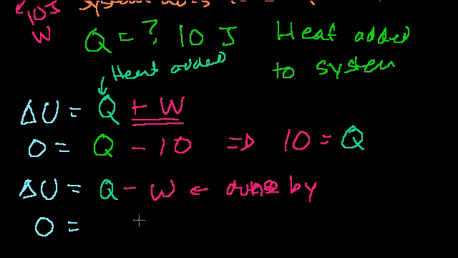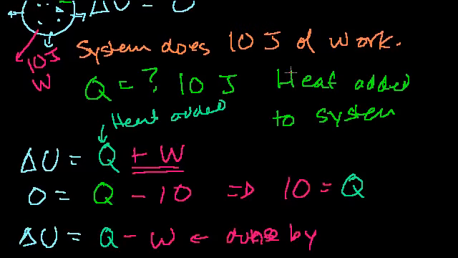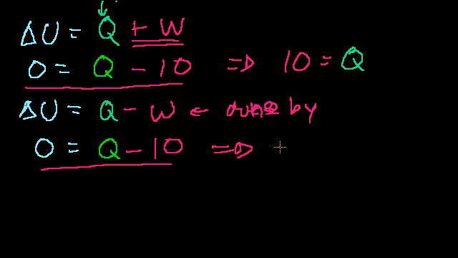That is equal to heat added to the system minus the work done. So minus, I told you at the beginning of the problem that the system did 10 joules of work. So minus the work done, minus 10 joules. We get the same situation from two different formulas. And we got 10 is equal to Q. Either way, the heat added to the system is 10 joules.